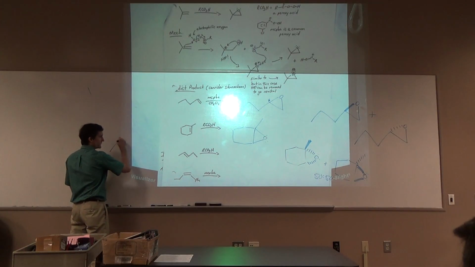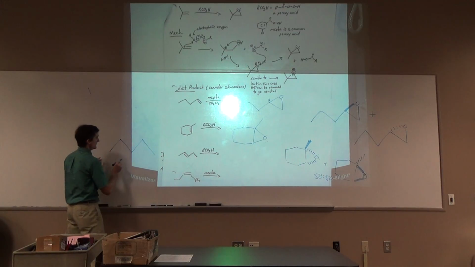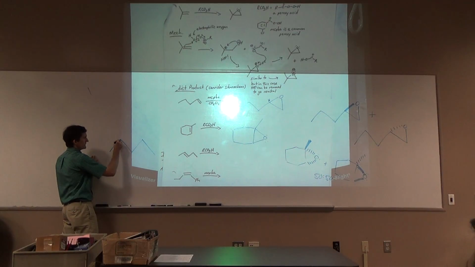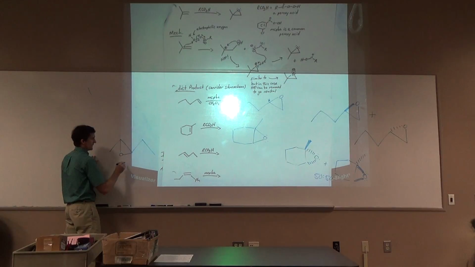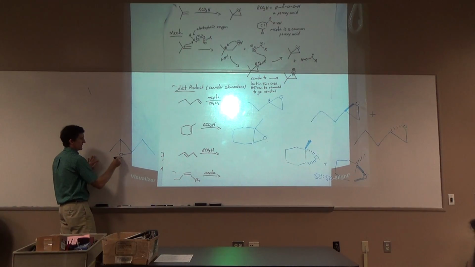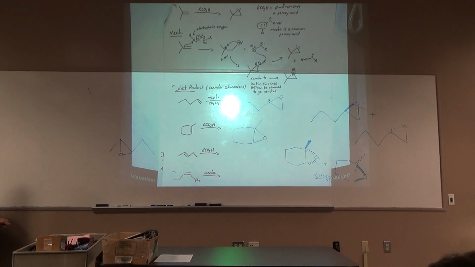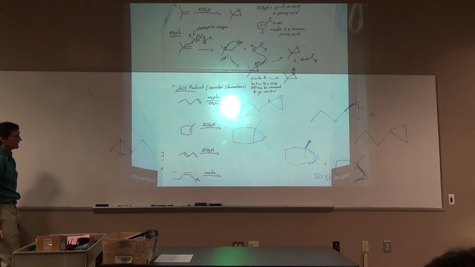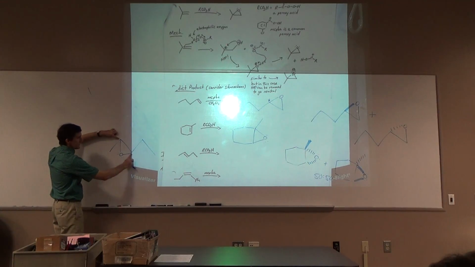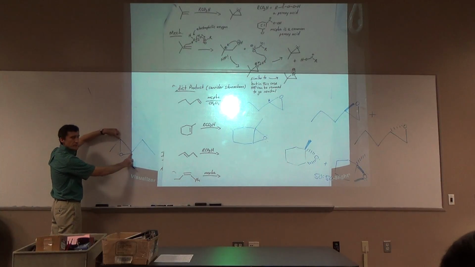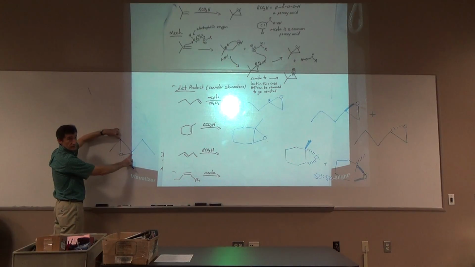So if we drew this without stereochemistry, it's going to look a little ugly. And it would be that there. But both of these carbons are tetrahedral and chiral, so it matters both.